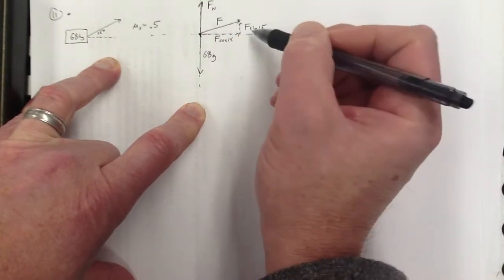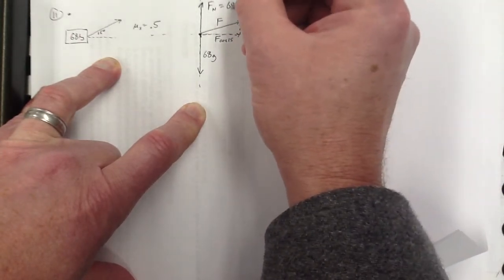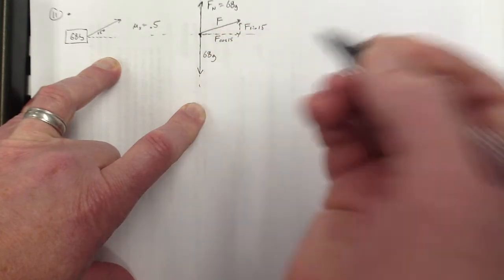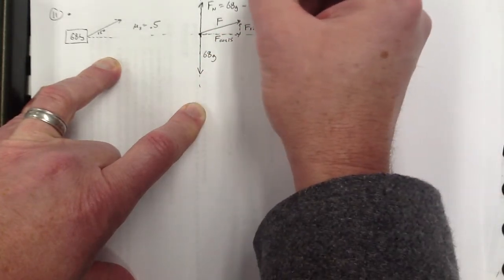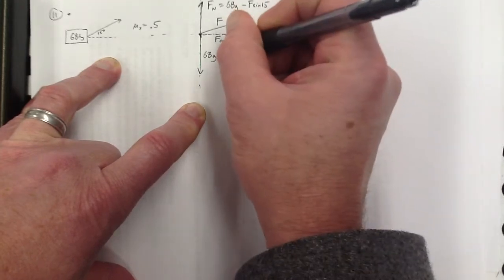And then I know this normal force. Well, the normal force would have to balance that. So this would have to be 68g, that's this, minus F sine 15.